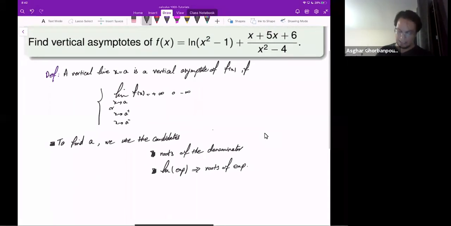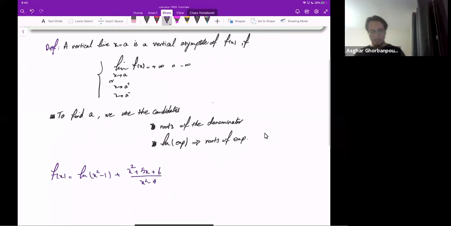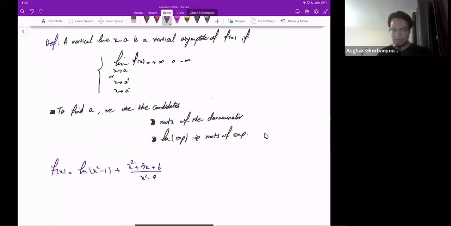So back to my example, f of x is ln of x squared minus 1, plus x squared plus 5x plus 6 over x squared minus 4. I actually have two things here: an ln and a quotient.